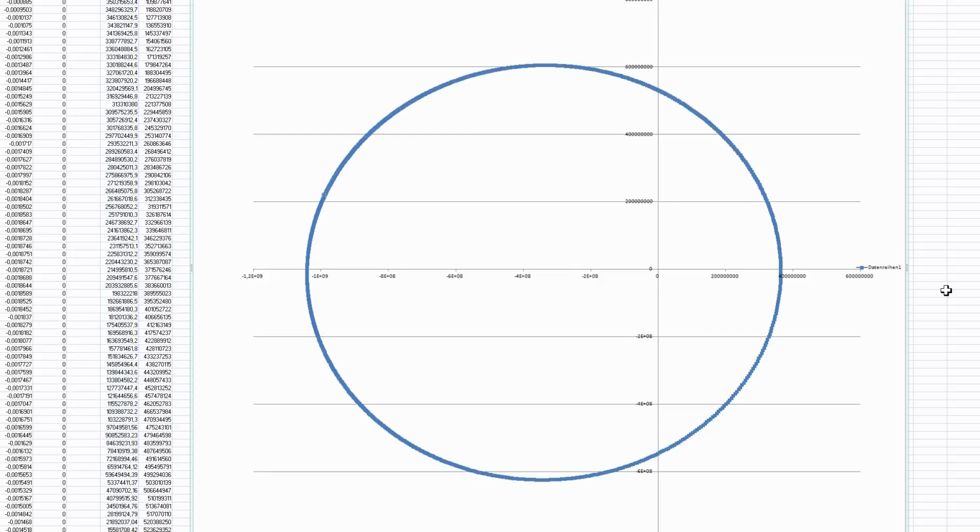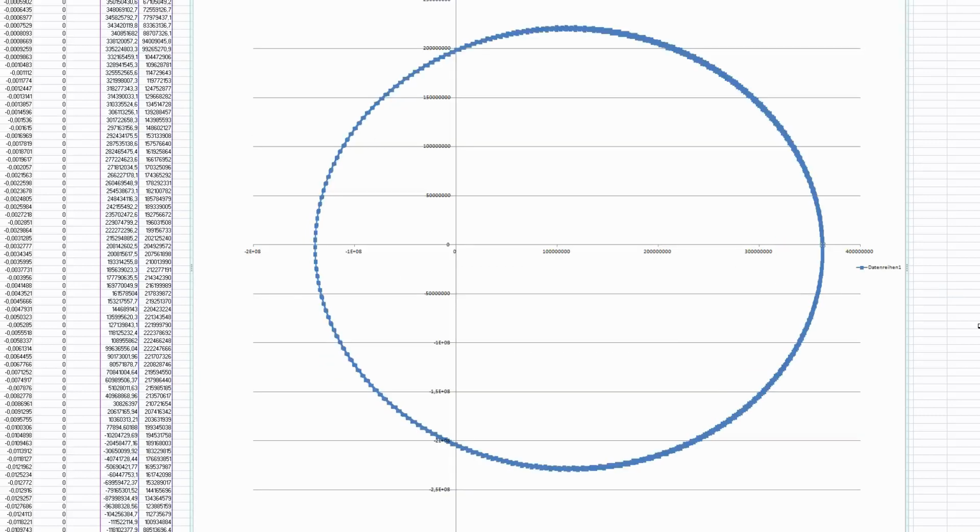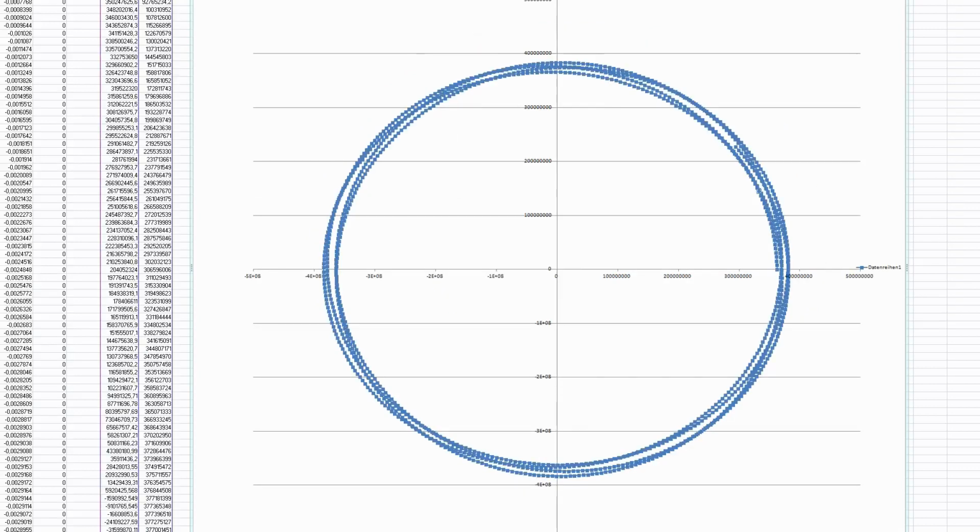And since the surface area of a 3-dimensional sphere is proportional to the radius squared, that gives you that inverse square law. But for a circle, the circumference is just proportional to the radius, not proportional to the radius squared. And a hypersphere's surface is proportional to its radius cubed.